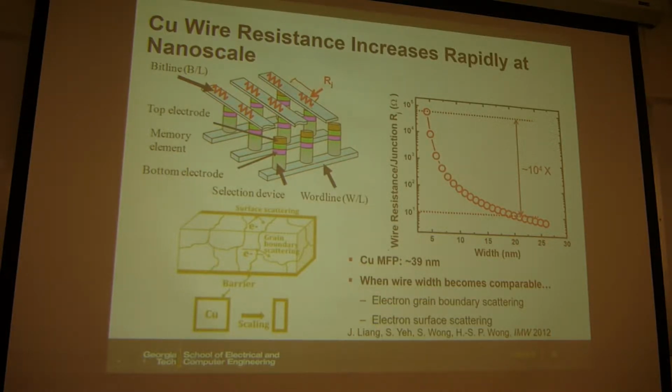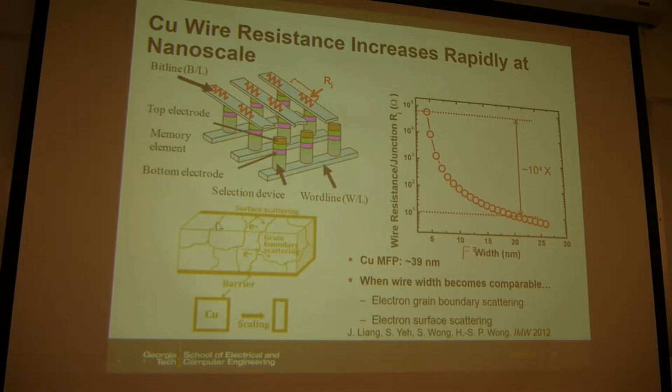The resistance of this wire will increase with the scaling of the feature size F, and it increases quite dramatically as we decrease the feature size below the 20 nanometer node. The reason is that the resistivity of copper will increase at the very nanoscale, like 10 nanometers or so.